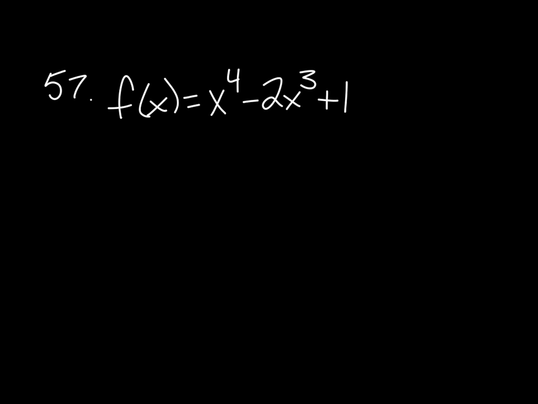But they say determine the intervals on which the following functions are concave up or concave down, and then identify any inflection points. Okay, so one of the things you're going to have to remember is which derivative does what.